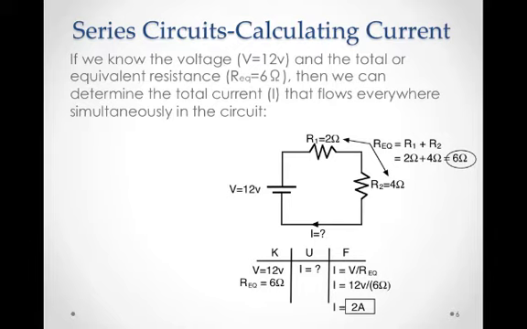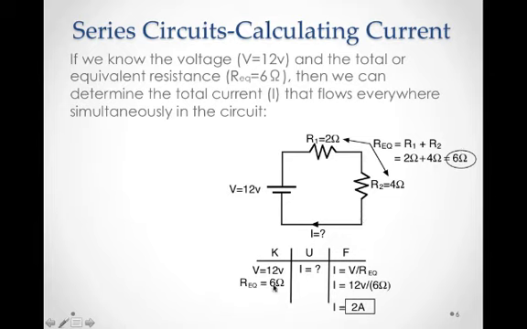So let's go ahead and calculate the current in a series circuit. Coming down to our series circuit here, we know through Ohm's law that voltage is what drives the current and the resistance is what opposes the current flow. So if we're trying to find current, I is going to be equal to V divided by R. And in a series circuit, since the resistance overall that the voltage source feels when it's connected to the circuit is the sum of the resistances, then we would take that 6 ohms in our equation for Ohm's law.